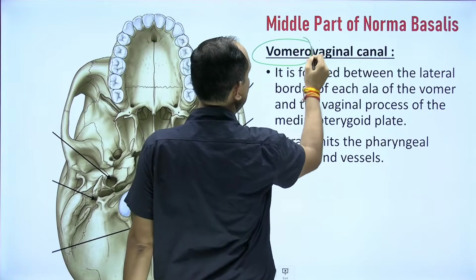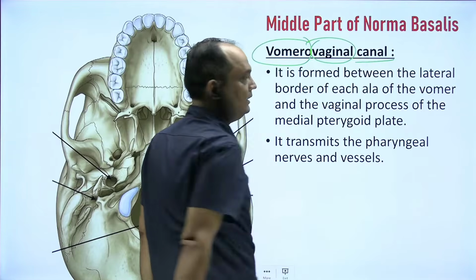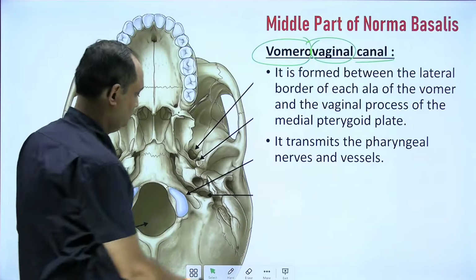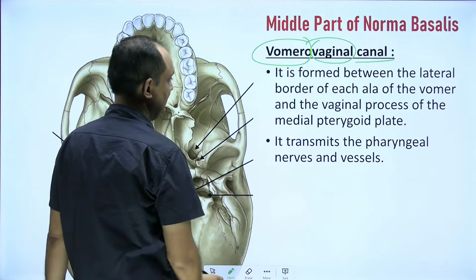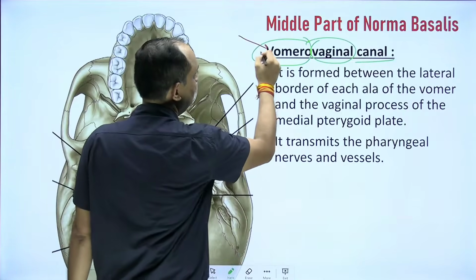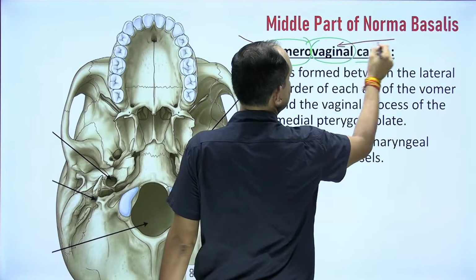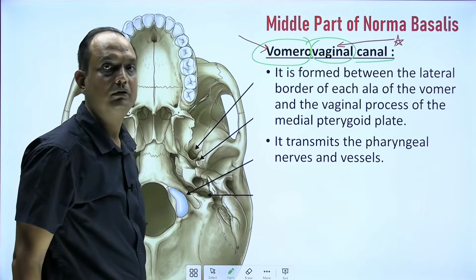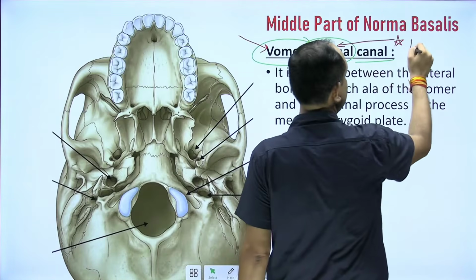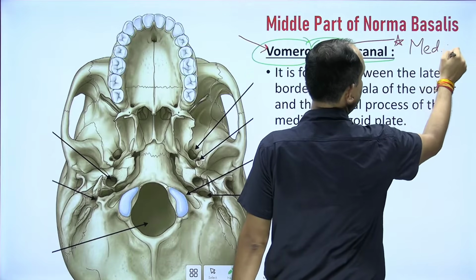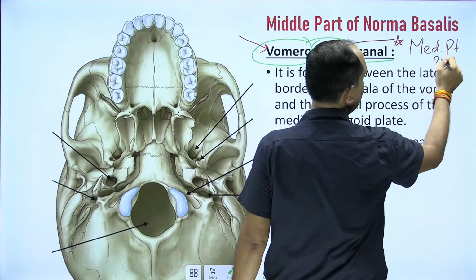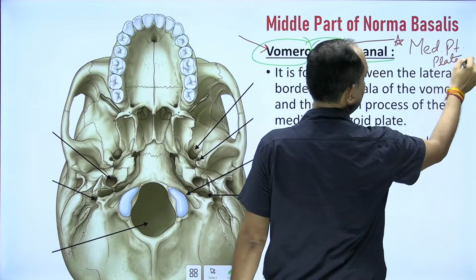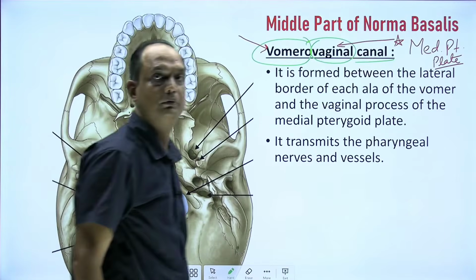It is known as the vomerovaginal canal. Here you have to understand there are two terms. It is a gap between the vomer bone and this, which you have to keep in mind is a part of the medial pterygoid plate, and the medial pterygoid plate is a part of the sphenoid bone.